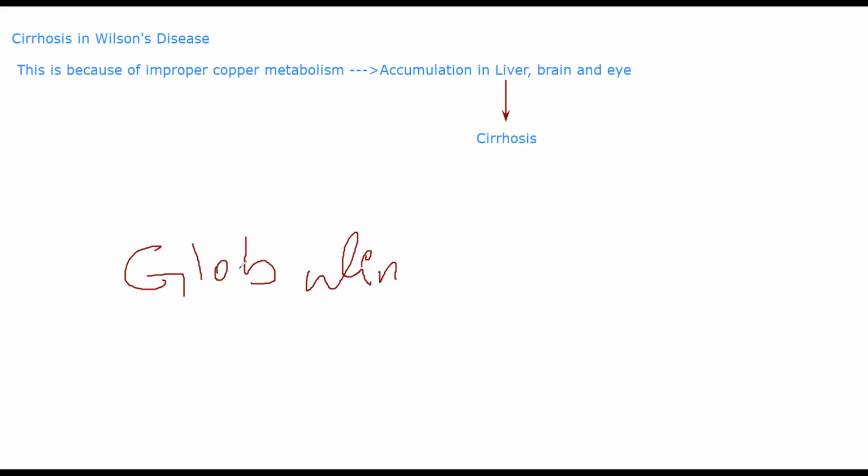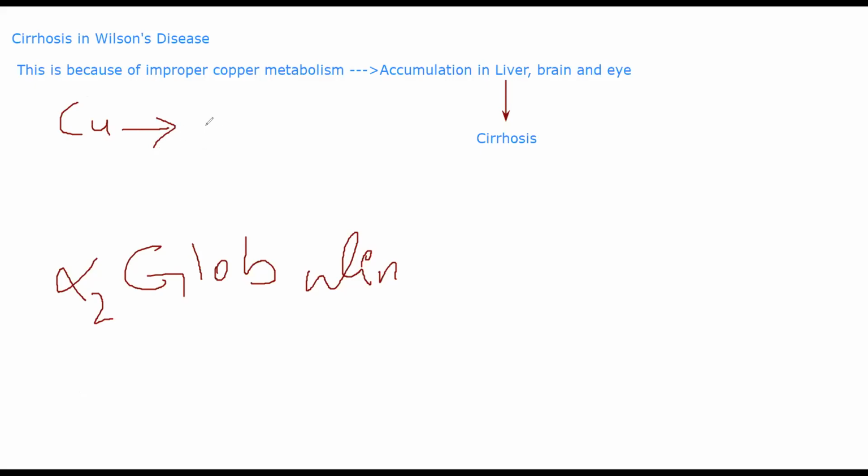Alpha itself will have several subtypes. There is a specific type of globulin called alpha 2 globulin. So whatever copper you are eating, suppose someone ate some food that contained copper, that copper is getting digested, and all of that is happening from your stomach and duodenum.